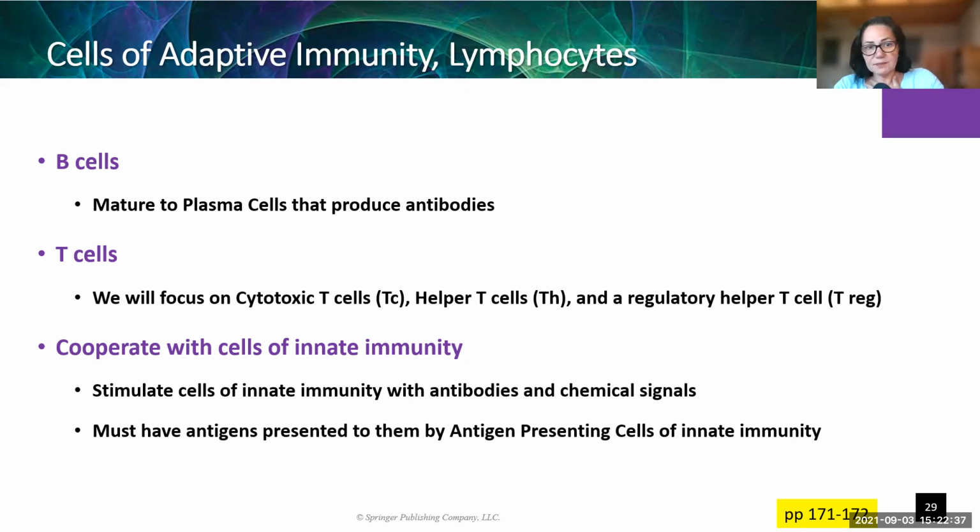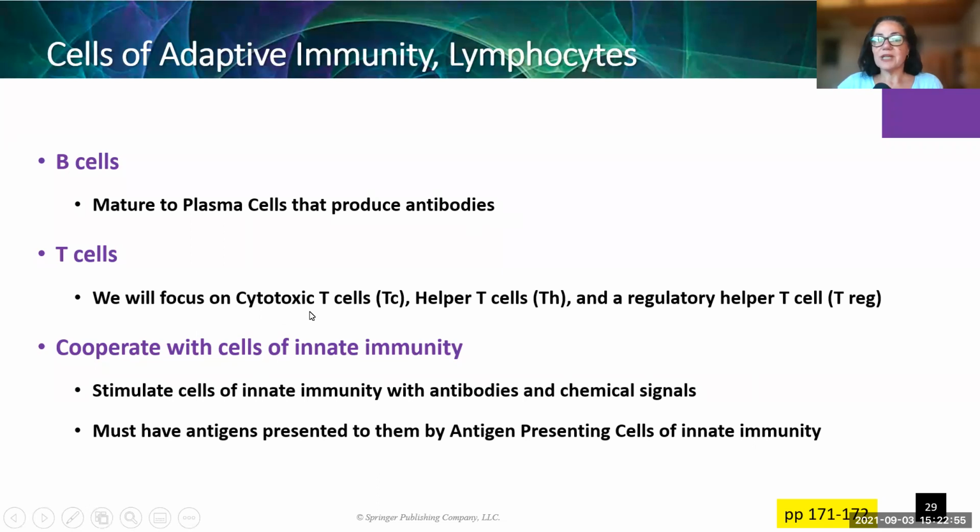The T cells come in a whole lot of different kinds, and our textbook does go into that in some detail. I'm going to expect you to know 3, and 2 of them are related to each other.